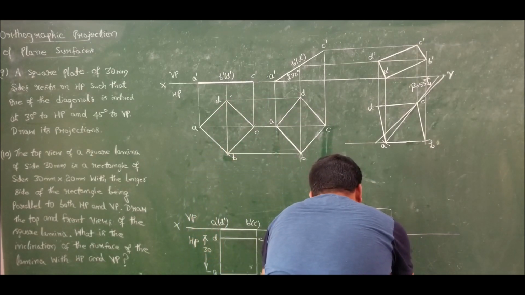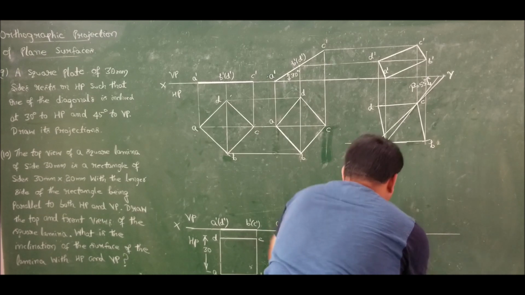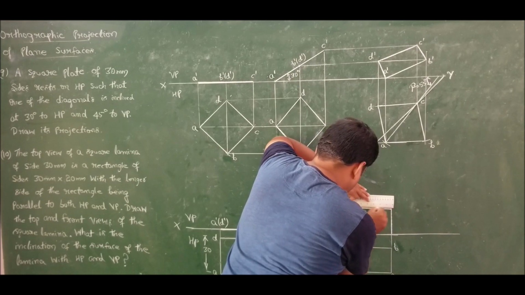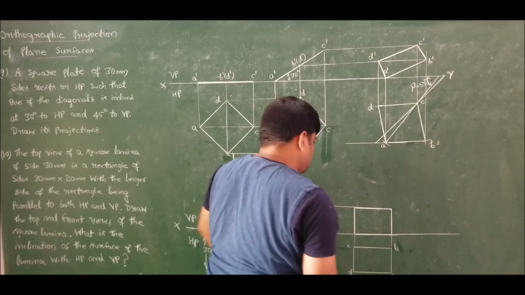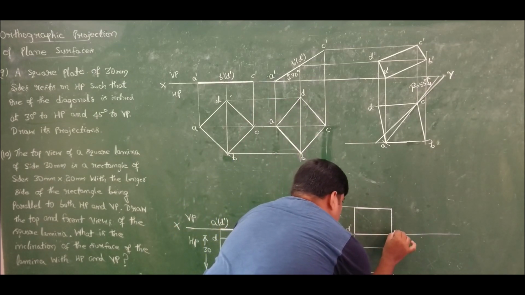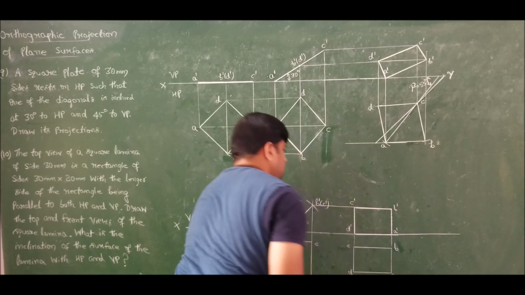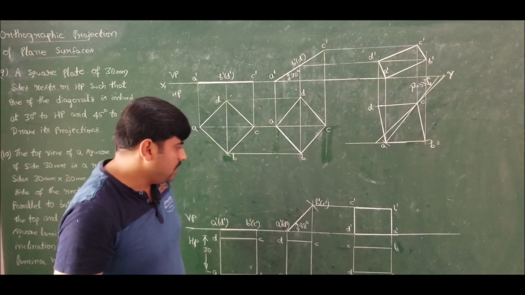So done with the required front view. So this was the required solution for the problem. We have got D dash, A dash, B dash and C dash. You can observe longer sides are parallel to both HP and VP.